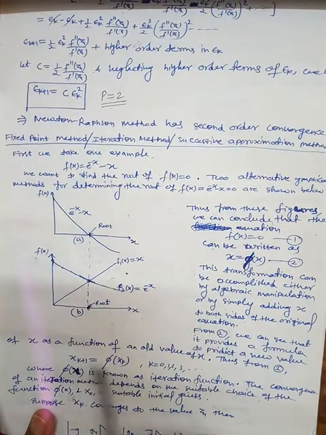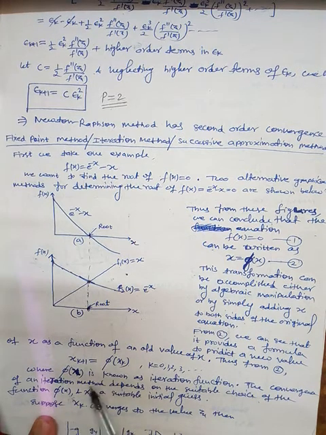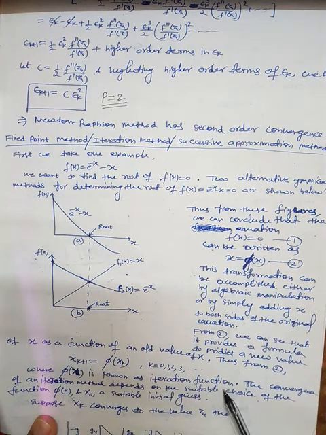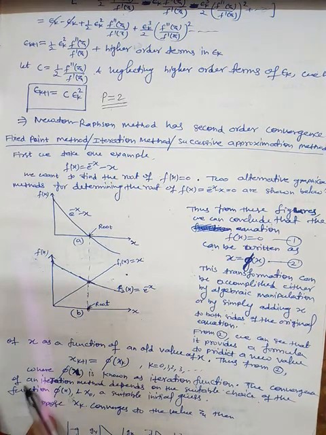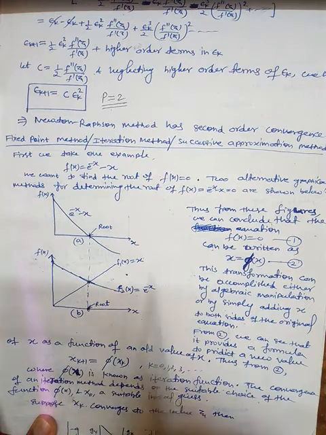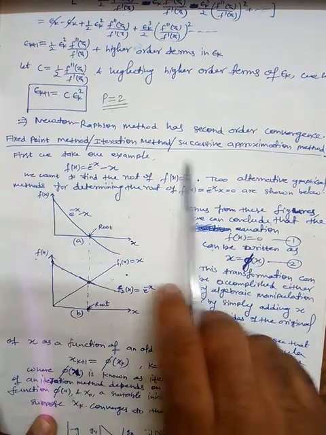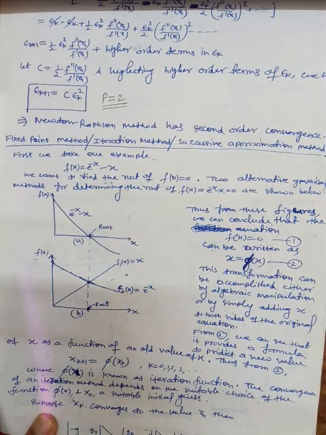Okay, so this is the iterative formula, where k is 0, 1, 2, and so on, and this is basically known as the iteration. This phi of x k is known as the iteration function, and this method is known as the fixed point method or successive approximation. This is the formula.